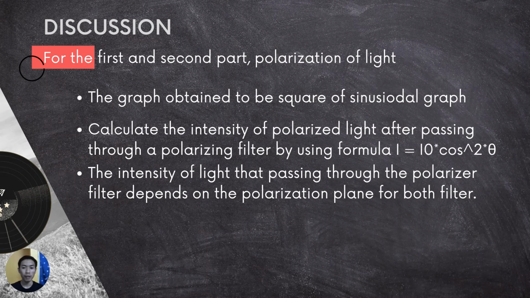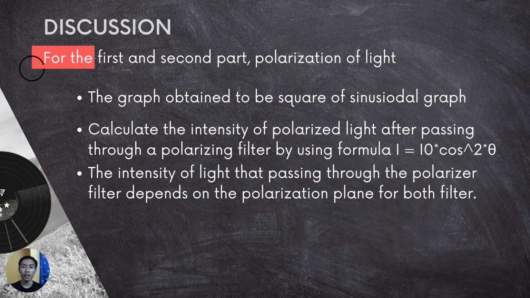So for the first part, from the graph of light intensity versus time, we know that as the time increases, the angle between the direction of polarization and the axis of the filter increases. We can see that as the angle increases from 0 degrees to 90 degrees, the intensity of the light increases, and from 90 degrees to 180, the intensity of the light decreases. This causes the graph to be a squared sinusoidal graph.